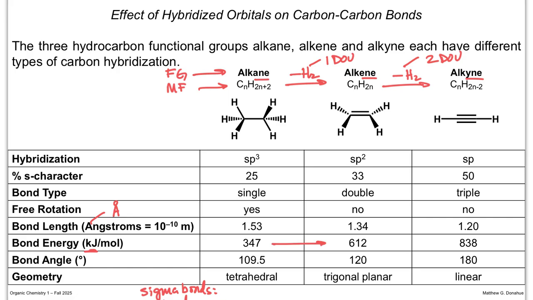So a sigma bond is worth 347 kilojoules per mole. And then when you get up to the double bond, it's 612. So why is that? Well, you have all the energy from the sigma bond. You've put a second bond there, so this has to be higher. It's a stronger bond.